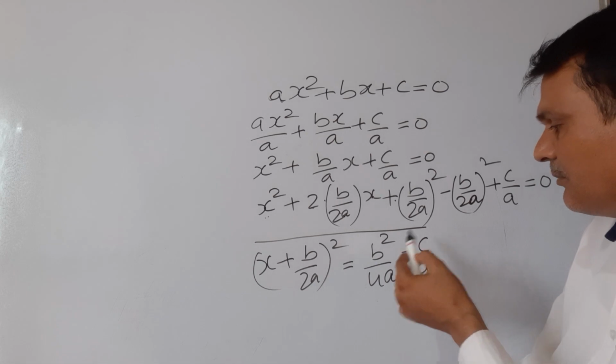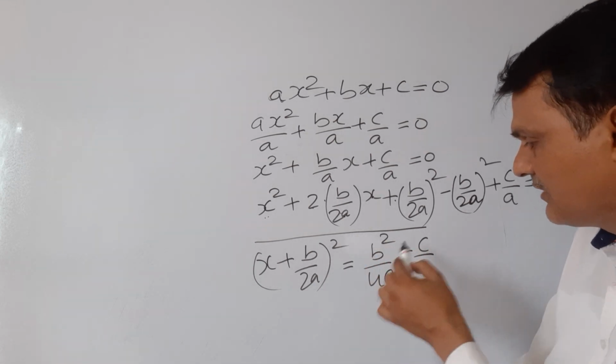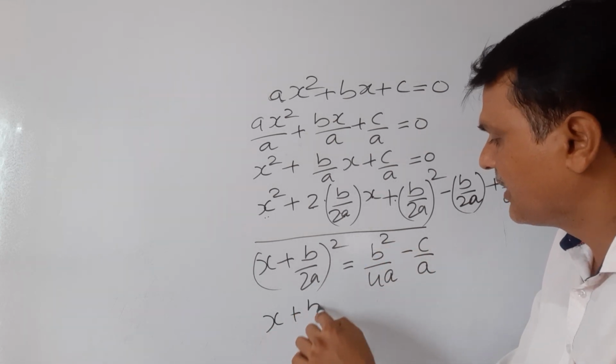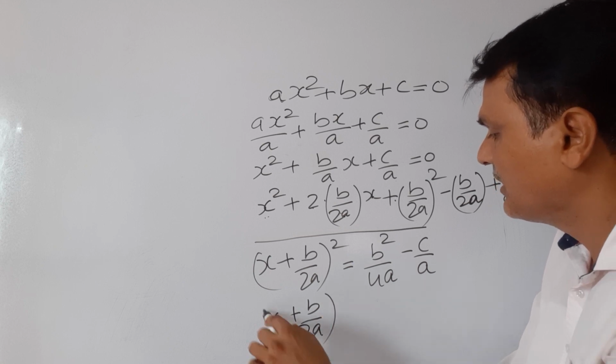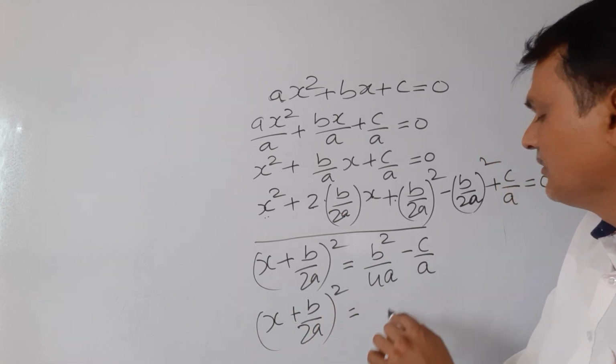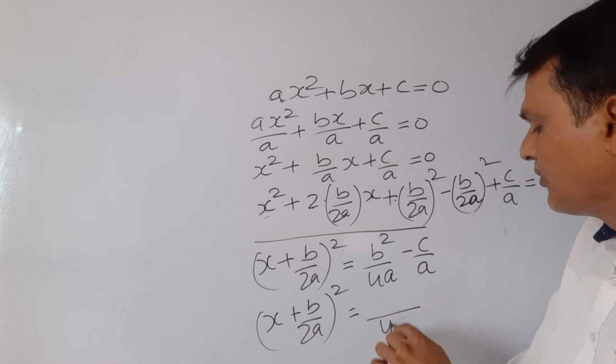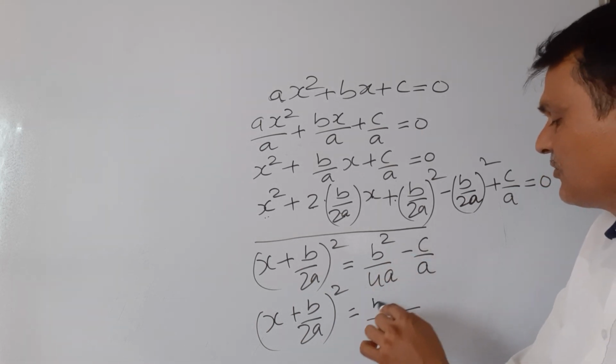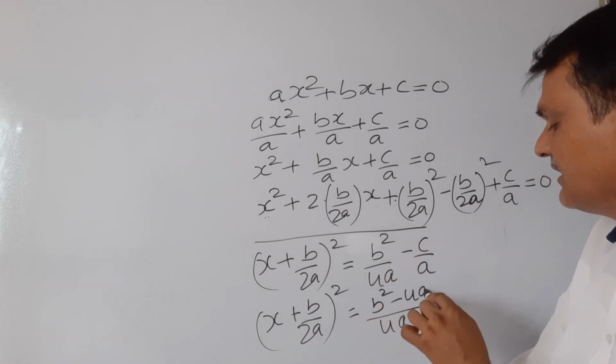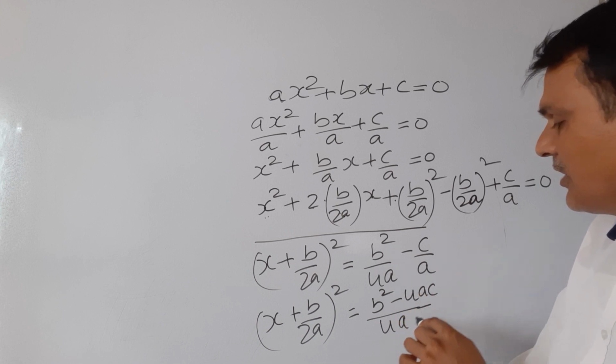And now we simplify this portion to get x plus b upon 2a whole square equal to, we take LCM of 4a square here, b square minus 4ac upon 4a square.